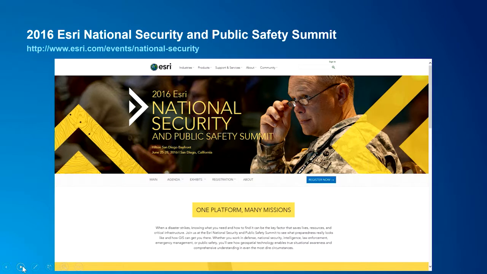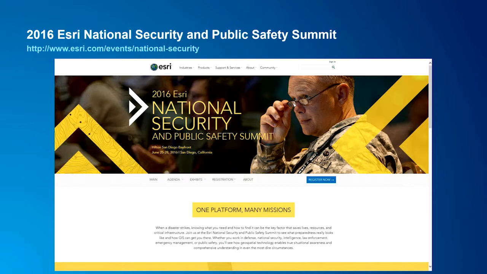What I wanted to do is provide a little bit of information to people about these two items. Our ESRI National Security and Public Safety Summit is really an opportunity to get together with your counterparts across the public safety space. If you're looking at the screenshot, the gentleman here in uniform, we certainly are welcoming the broader public safety and national security community together.